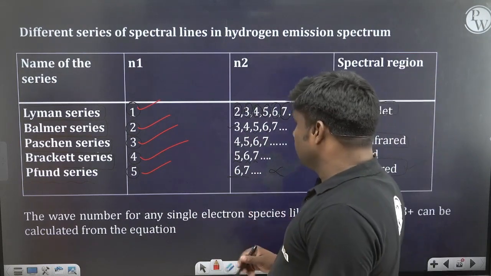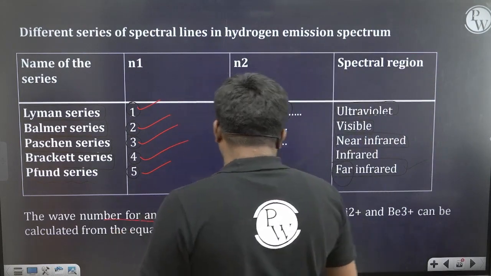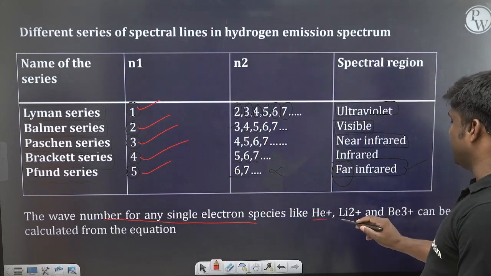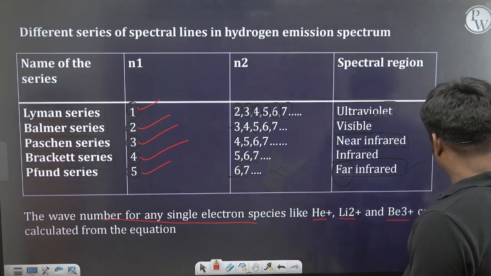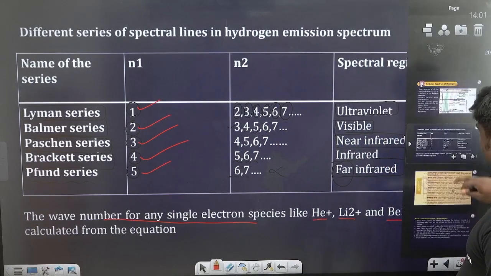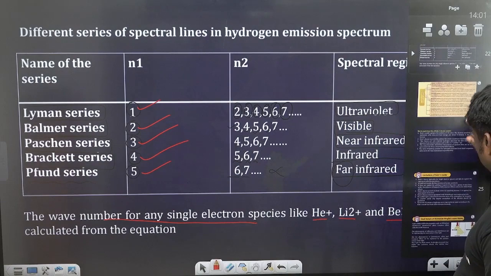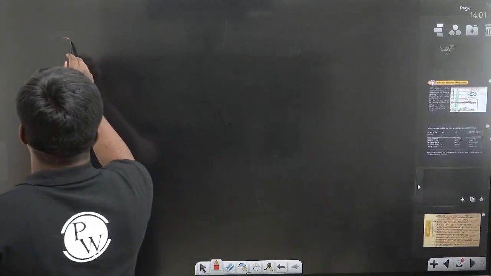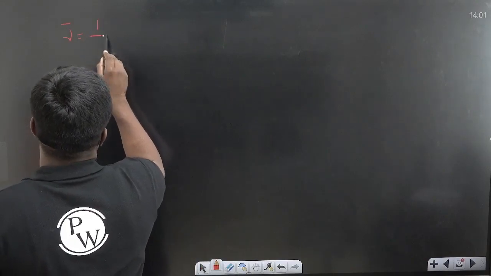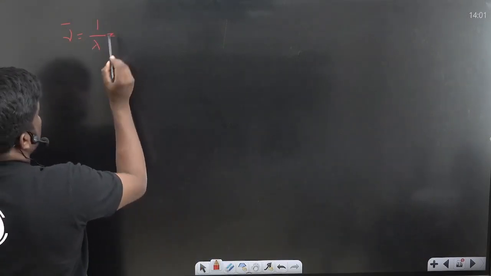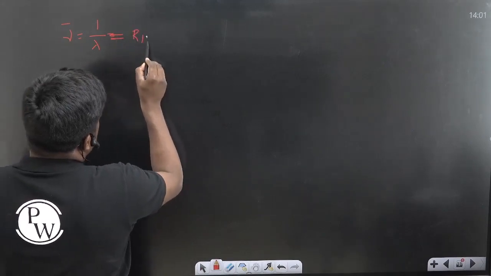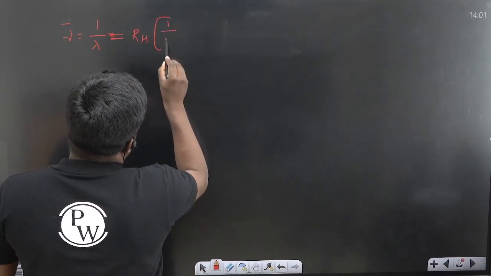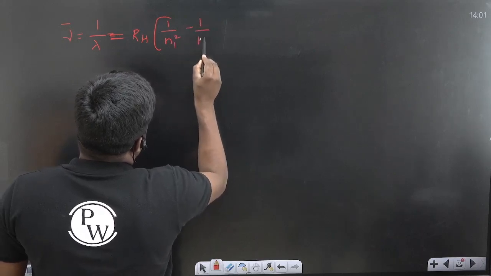The wave number for a single electron species like He plus, Li2 plus and Be3 plus can be calculated by the following equation. I will write it now. Wave number nu bar equals 1 by lambda equals, I am writing this for hydrogen, RH into 1 by N1 square minus 1 by N2 square.